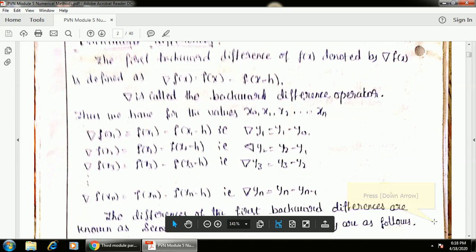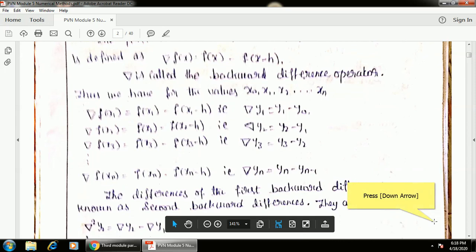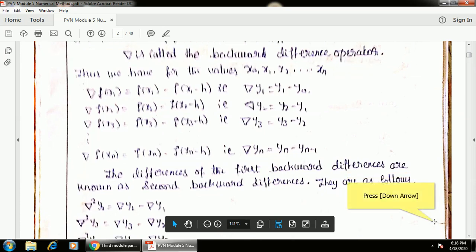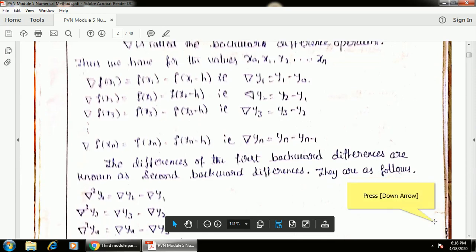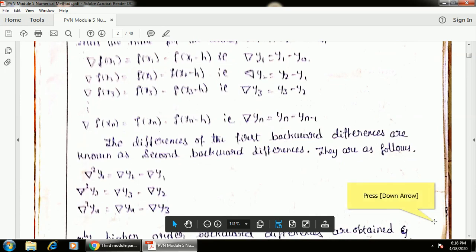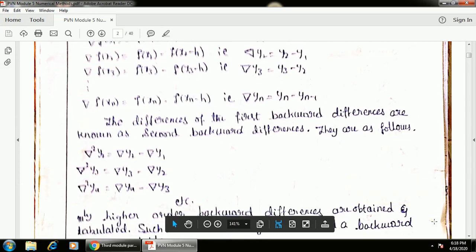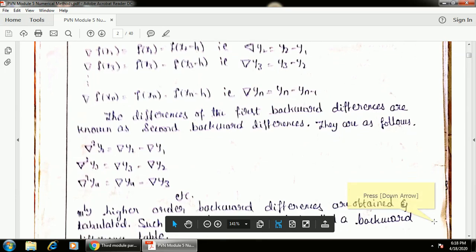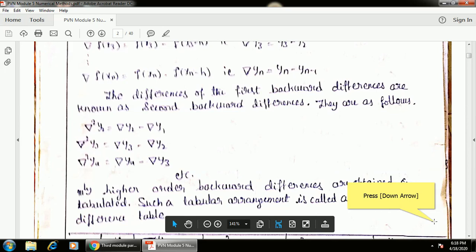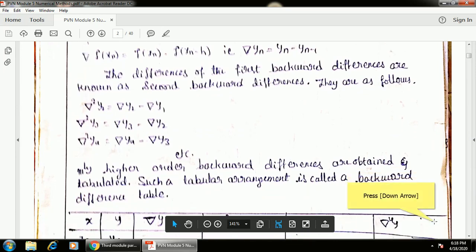Again, the differences of the first order backward differences are known as second order backward differences.